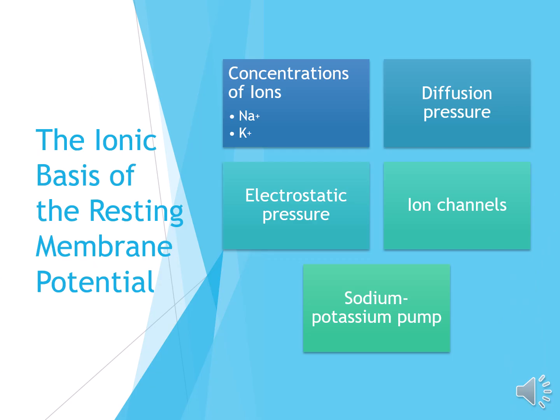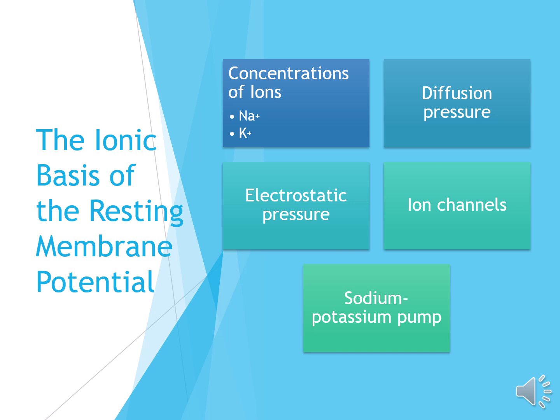The resting potential exists because positively and negatively charged ions are distributed unequally on the two sides of the neural membrane. The concentration of Na+ is higher outside the neuron, and the concentration of K+ is higher inside the neuron. Ions in solution are in random motion. We look at diffusion pressures and electrostatic pressures, where like charges repel and opposite charges attract.